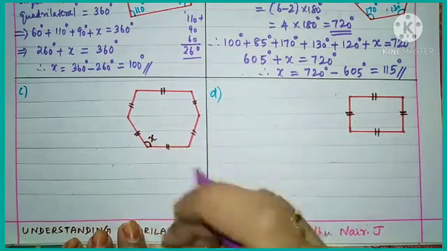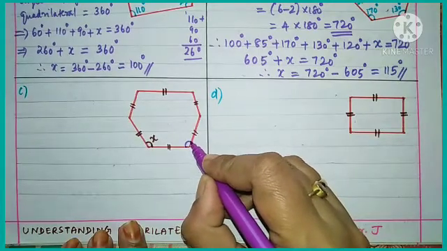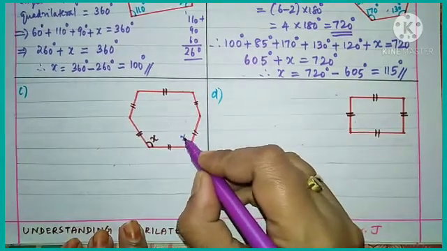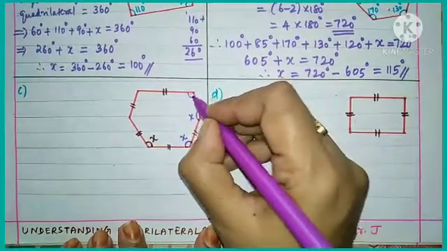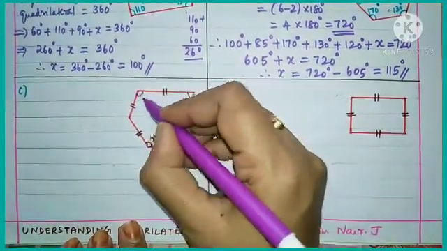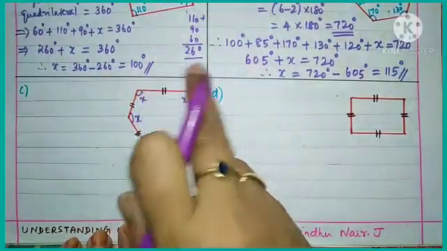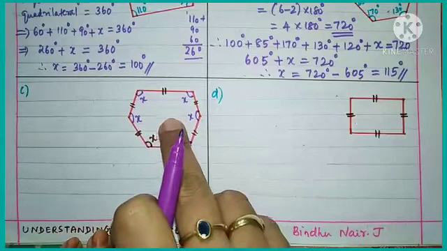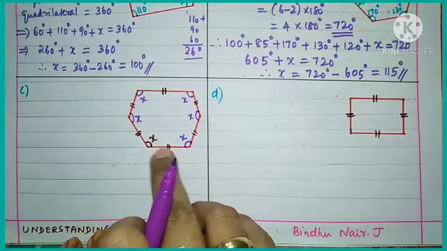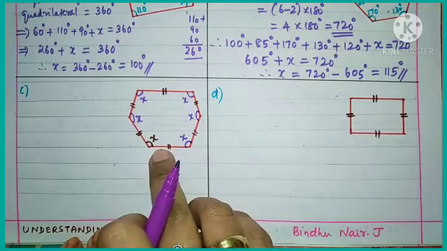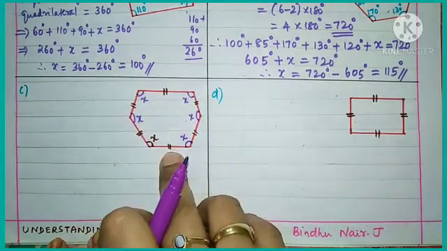Because this is a regular hexagon, all the sides are equal, so all the angles are also equal, so we can mark all the angles as x. Understood, children? So using this symbol we understood this is a regular hexagon, and because it is a regular hexagon all the angles must also be equal, so we marked all the angles as x.